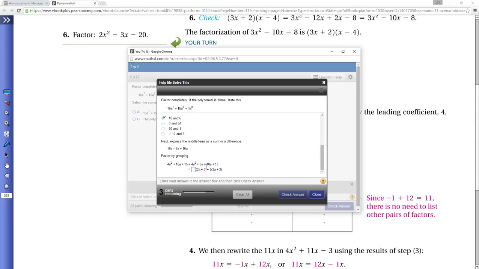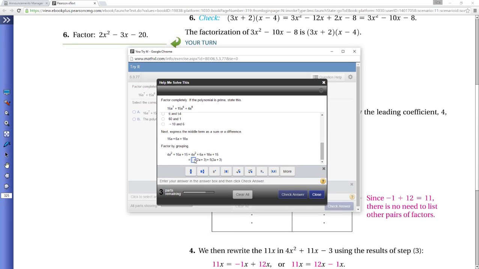What's the common factor of these two terms, which is 2a? And then they've already done the second part for us, 10a plus 15 is 5 times this. And again, notice that the reason we're doing this is this 2a plus 3 matches up.